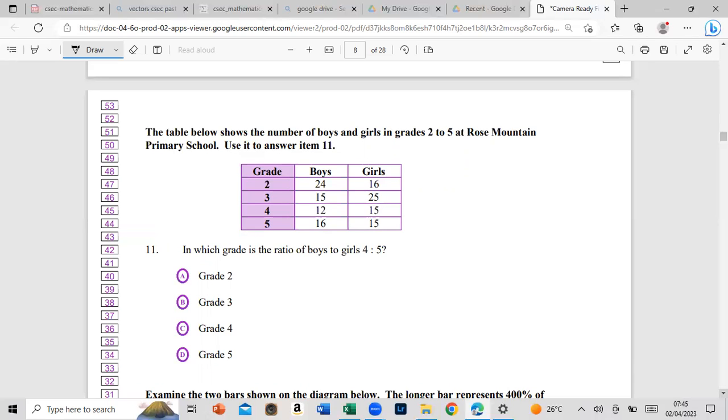We don't necessarily have to do all, and let me say why. This is what you guys need to think critically about in the examination. Now, we know that the number of boys should be less than the number of girls. How do we know that? Because it says boys to girls. So boys must be at the front and 4 is less than 5.